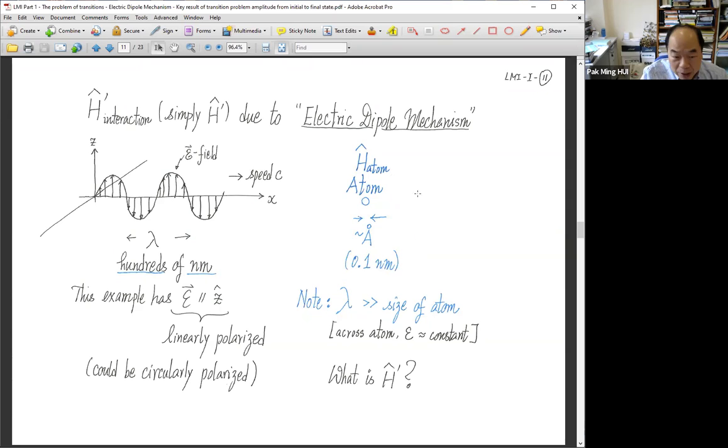The physical implication is that over the size of an atom, the E field will not change by much, no matter which part it is. That is to say, over 1 angstrom, the E field is a constant over that range.